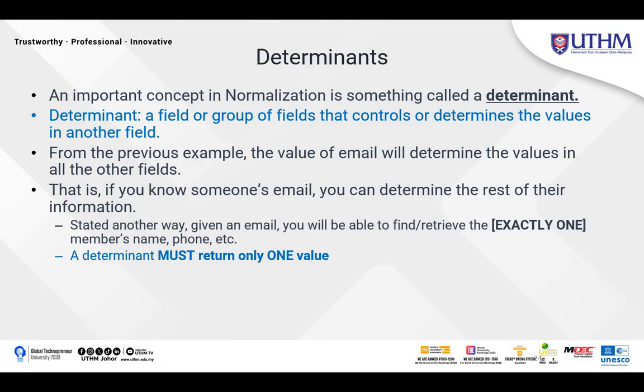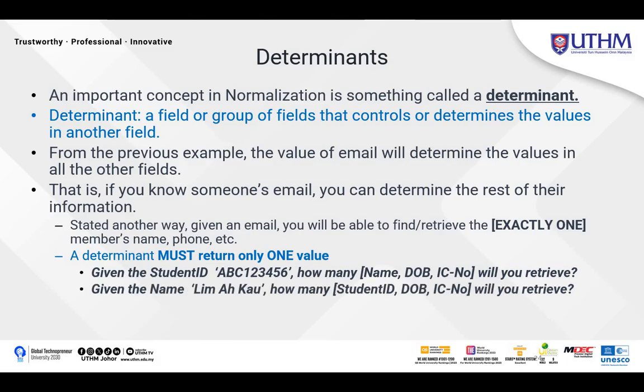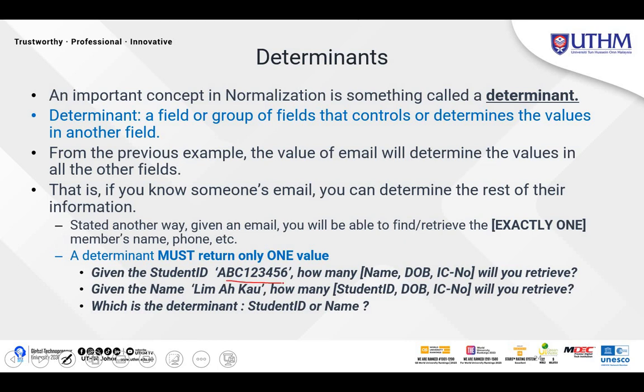A determinant must return only one value. For example, given student ID ABC123456, how many names, dates of birth, and IC numbers will you retrieve?